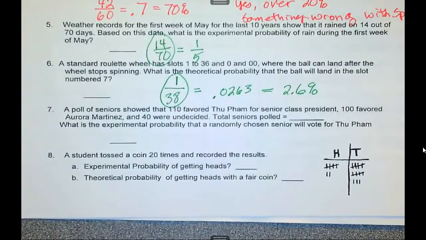Number 7. A poll of seniors showed that 110 favored Thursday Pharmacy for senior class president. 100 favored Aurora Martinez, and 40 were undecided. Total seniors polled equals 250.